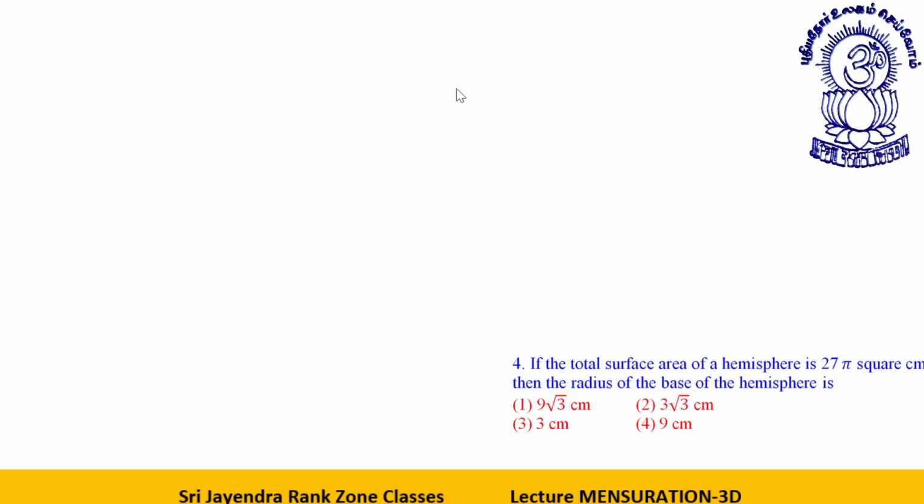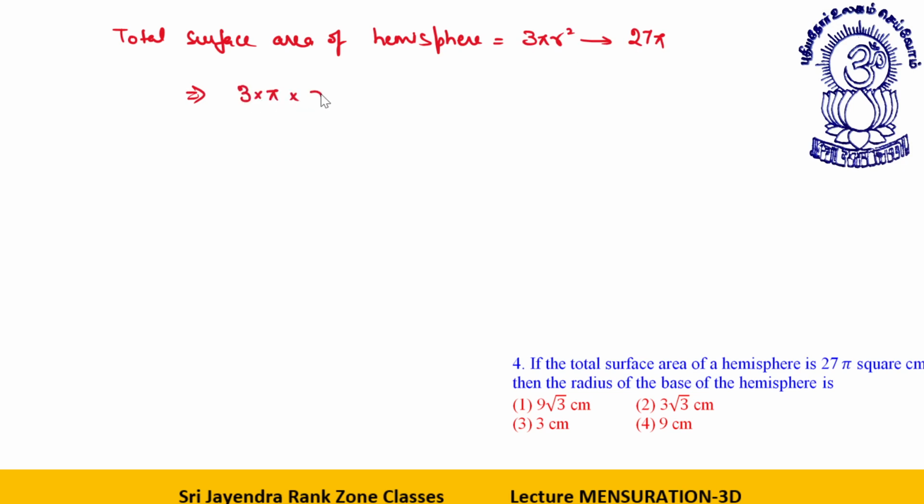If the total surface area of a hemisphere is 27 pi, then the radius of the base of the hemisphere is? Total surface area of hemisphere is 3 pi r square, and this is given to you as 27 pi. 3 into pi into r square equals 27 pi, or I can say r square is equal to 9, r is equal to 3 centimeter.